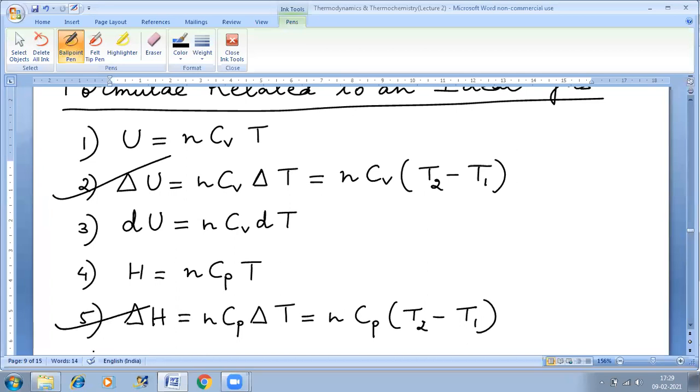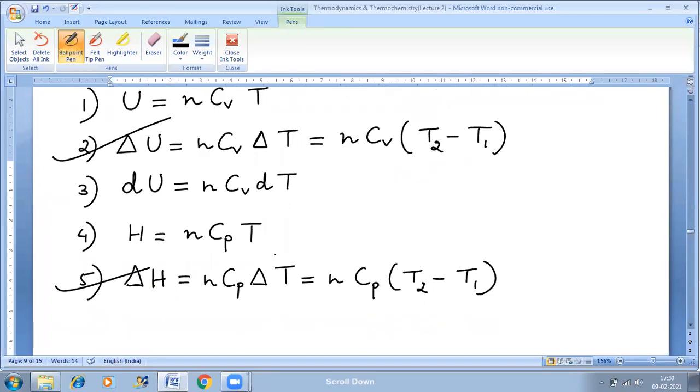Similarly, the fifth one, delta H is equal to n Cp delta T. Again, n is the number of moles. Cp is molar heat capacity at constant pressure.